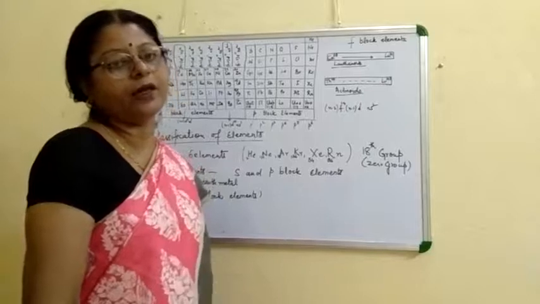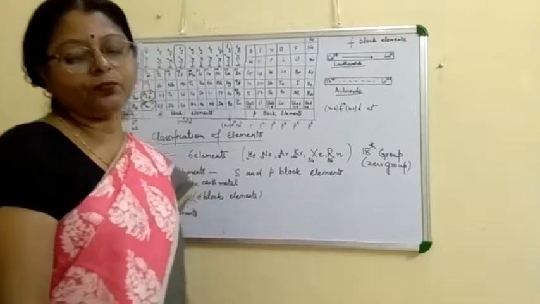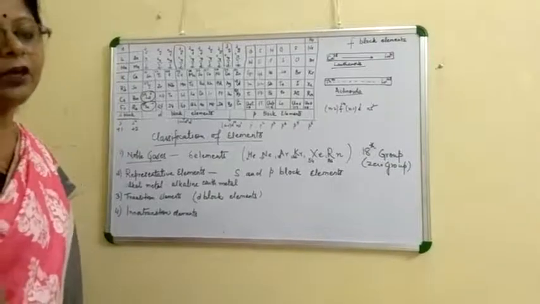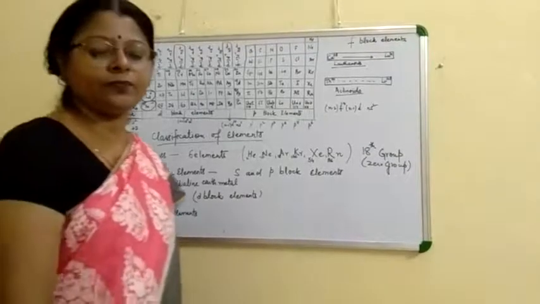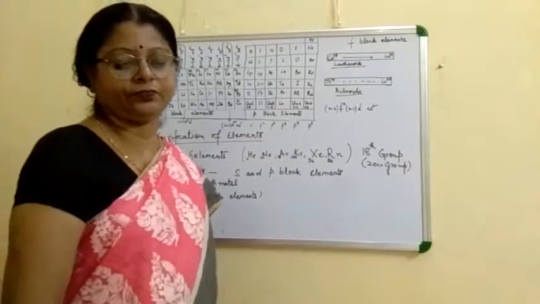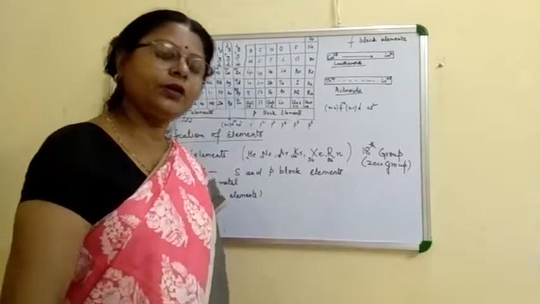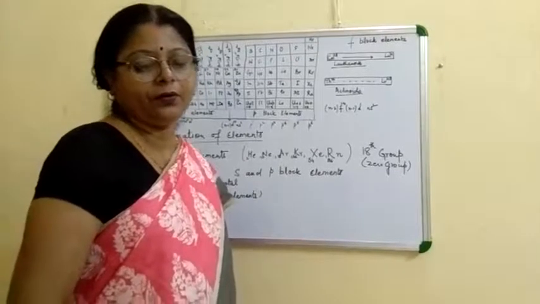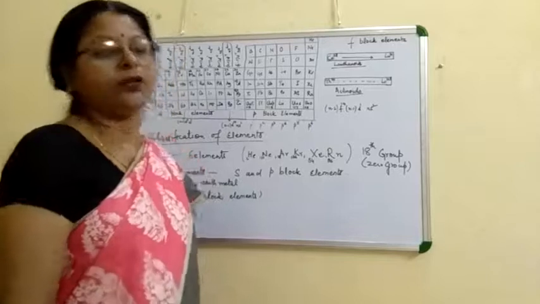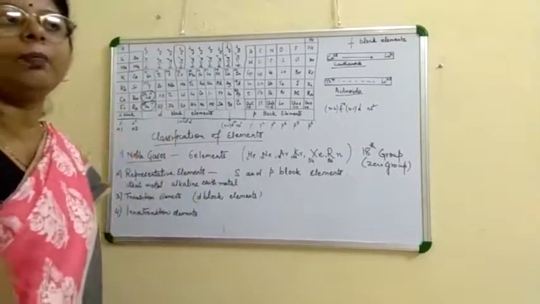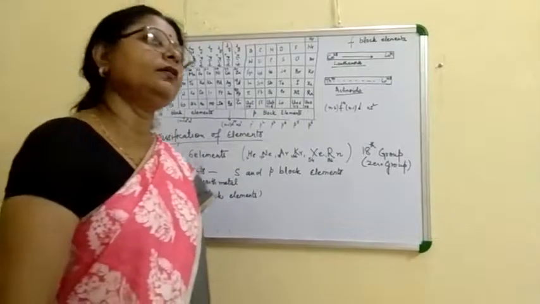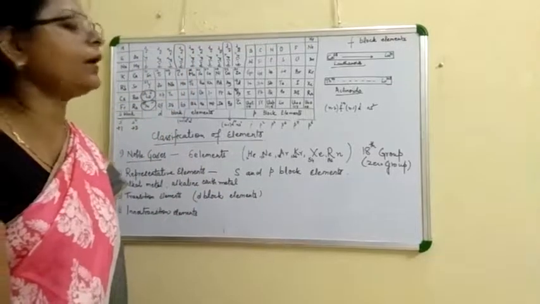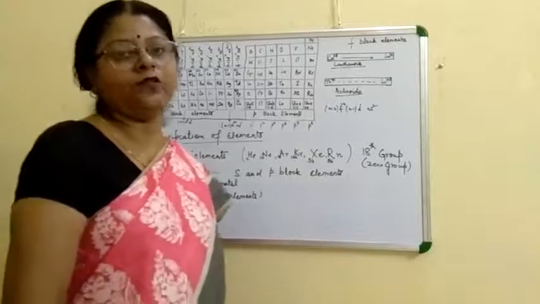They mostly show higher values of electronegativity and ionization energy. They show low electropositive character. They usually form covalent compounds as they contain 3, 4, 5, 6, 7 electrons in their outermost valence shell.